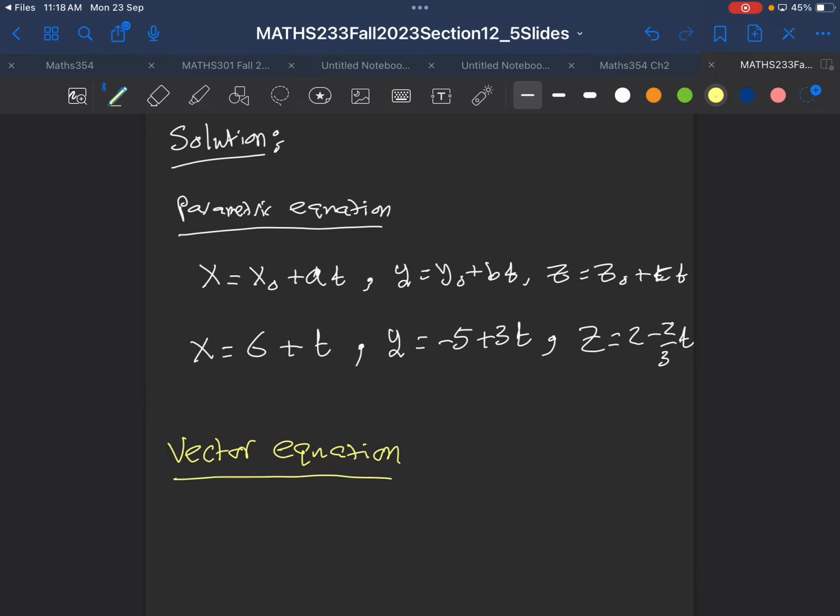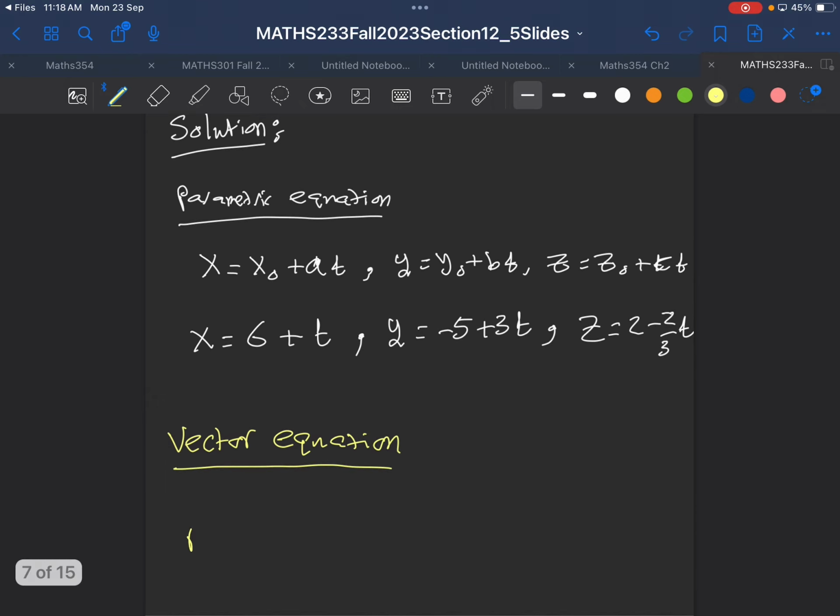Now, what is the vector equation? The vector equation, usually we write it as r, as a vector, equal r naught plus tv, which is very simple. You can write it down. It is just you write x, comma, y, comma, z.